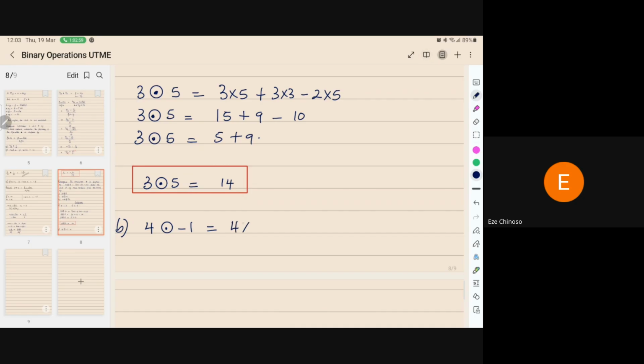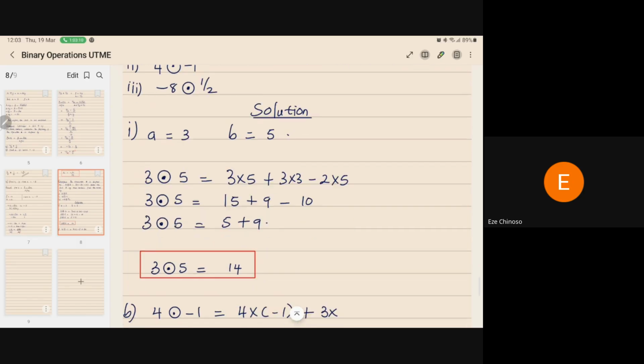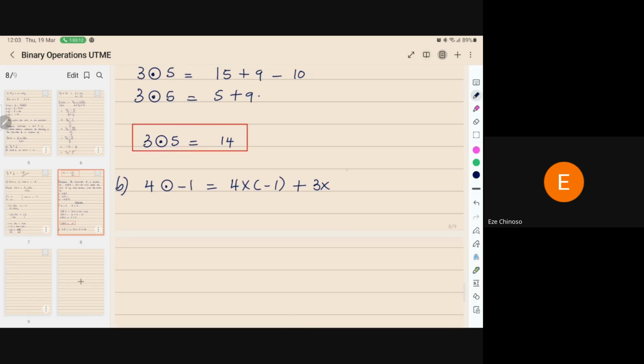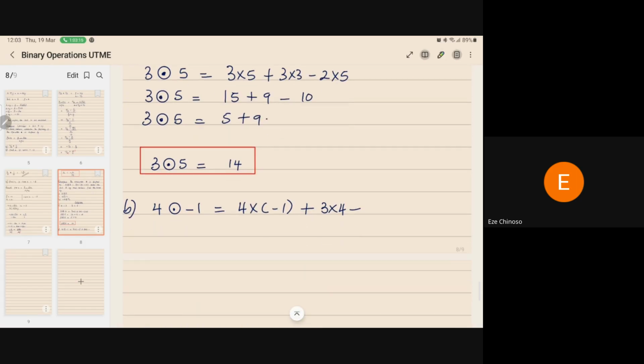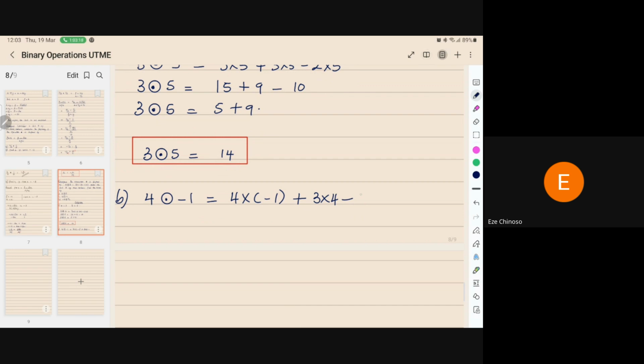So this is 4 times minus 1, plus 3A, that is 3 times 4, minus the other part, which is minus 2B, so minus 2 times minus 1.